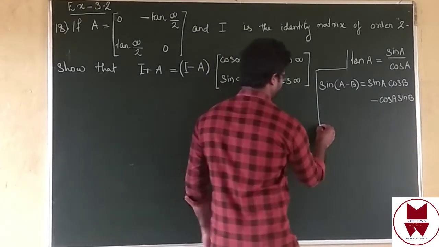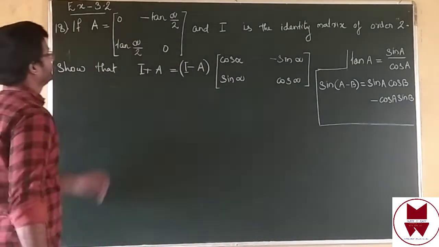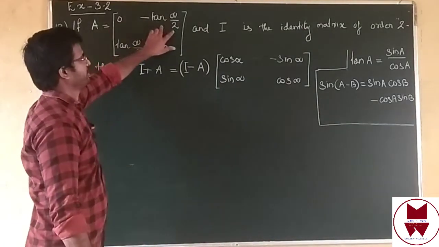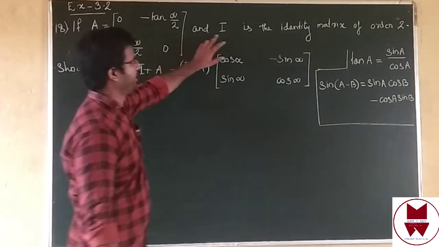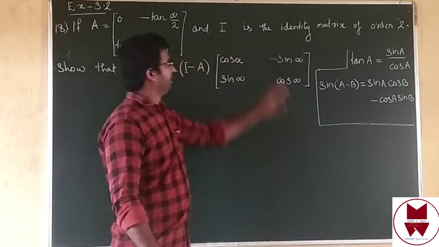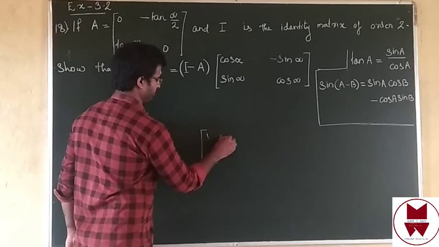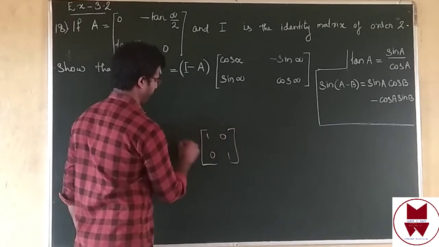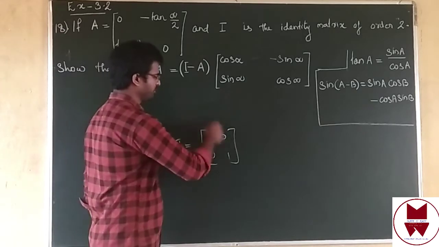Now, we can start. What is our question? If A equals the matrix [0, minus tan alpha by 2; tan alpha by 2, 0], and I is the identity matrix of order 2, that is [1 0; 0 1], where order 2 means 2 rows and 2 columns.